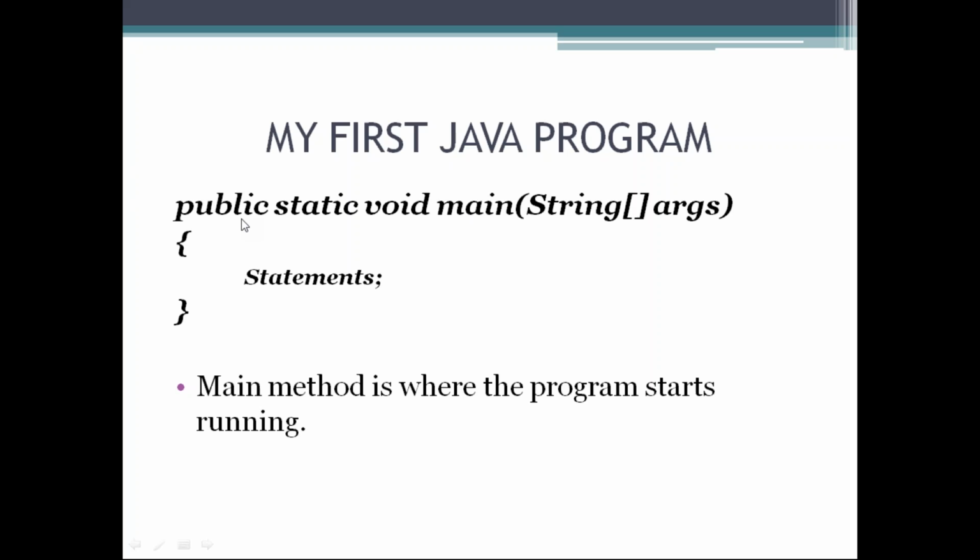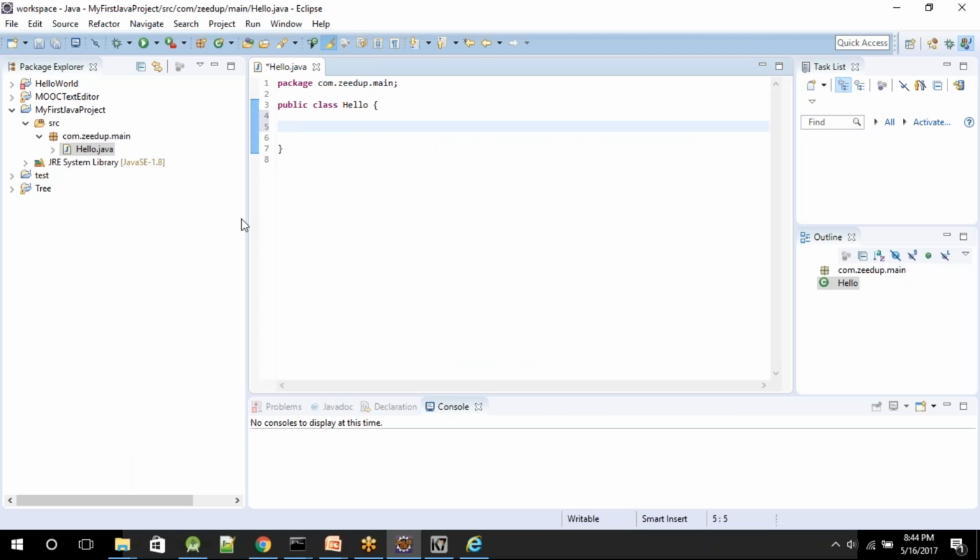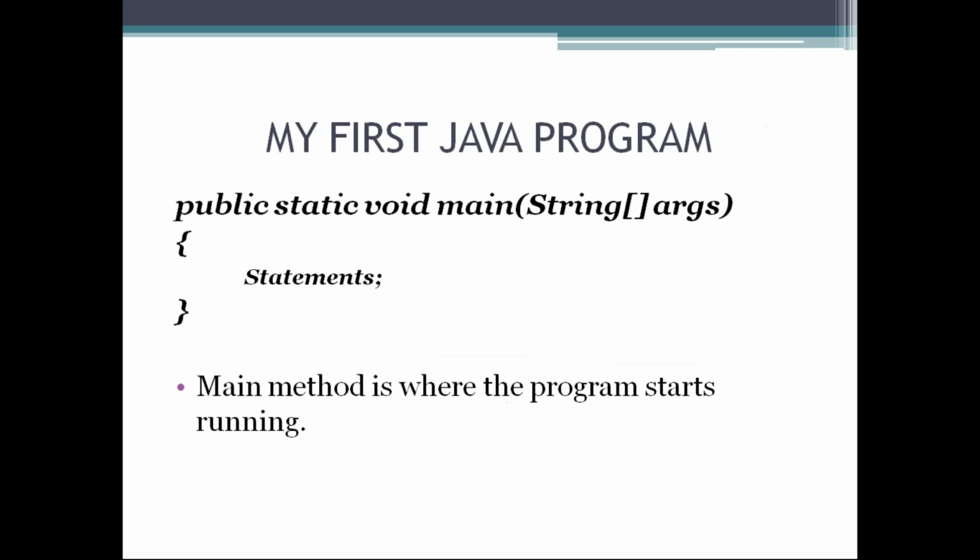So let me just try. Let me just explain this. Public shows that this main method is public. It can be accessed everywhere. This static keyword, we'll be looking more into it when we talk about classes and all the other object-oriented concepts. For now, let me just say static deals entirely with memory allocation.